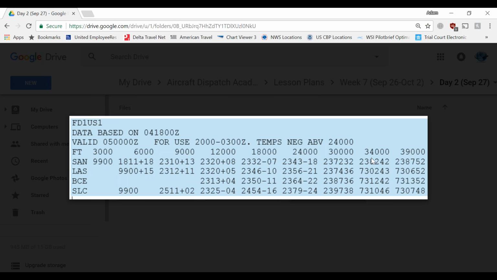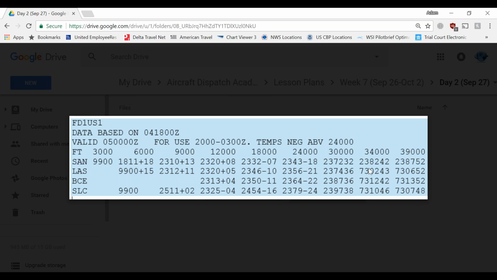So anytime you see a wind report that starts with a 6, a 7, or an 8, remember, we're just looking at those first 2 digits, in this case just the 73. We're going to look at this one right here at 34,000 feet.